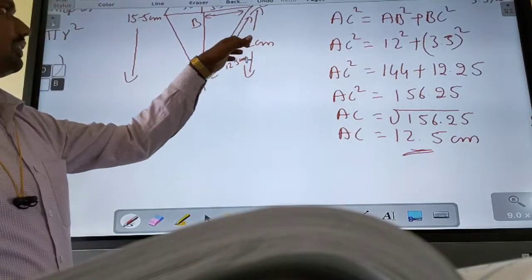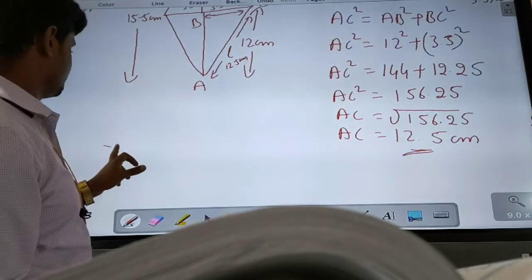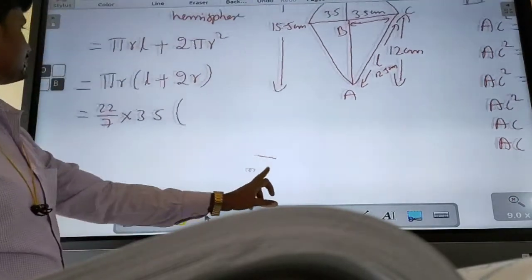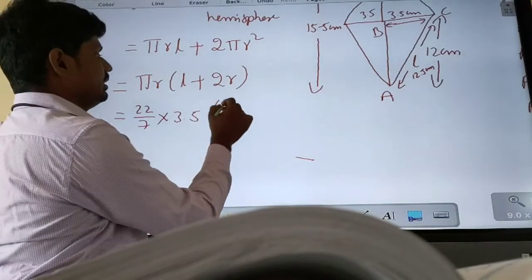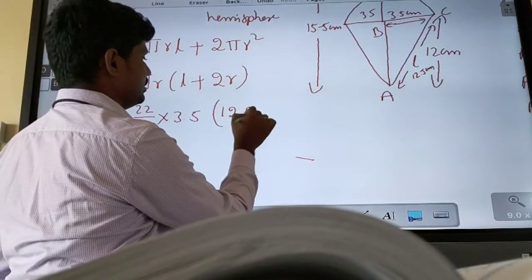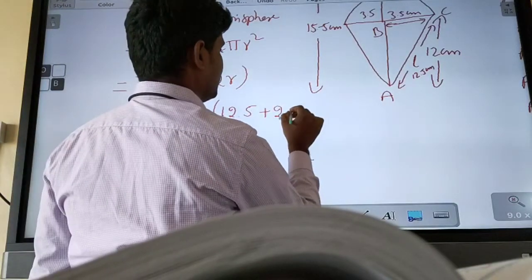Now simplify. Substitute the values. The L value is 12.5 plus 2 into the r value, 3.5.